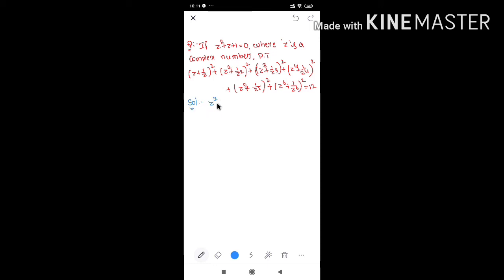Given z square plus z plus 1 is equal to 0, this indicates z is a cube root of unity.